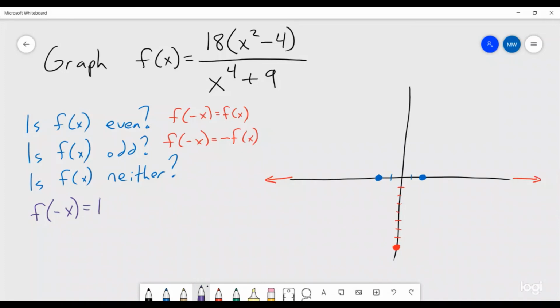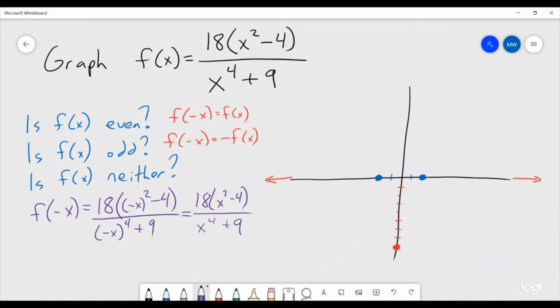That's going to be 18 times negative x squared minus 4 over negative x to the fourth plus 9. Negative x squared is just x squared, so we get 18 x squared minus 4 over negative x to the fourth, which is just x to the fourth. This is the same thing as f of x. So this means that f of x is actually an even function.